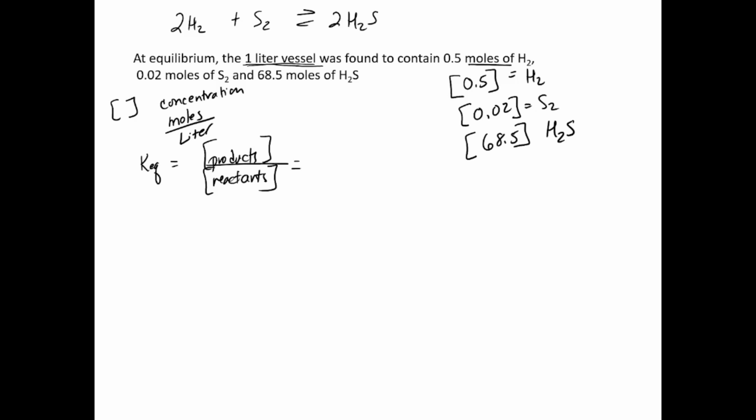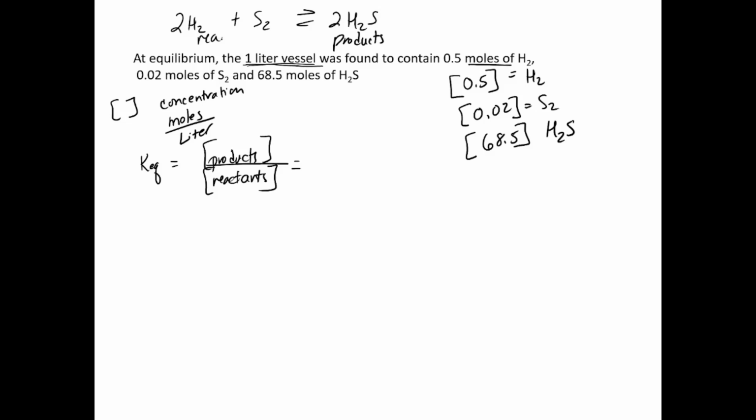Okay, hopefully you remembered that products are on the right-hand side of our chemical equation, and the reactants are on the left-hand side. Okay, so that's important because we're always going to be putting products over reactants when we write out our expression.